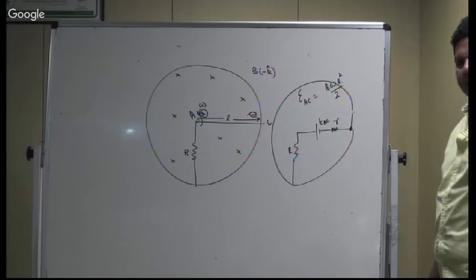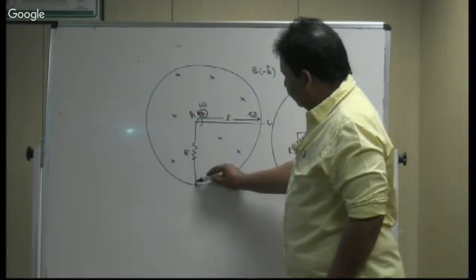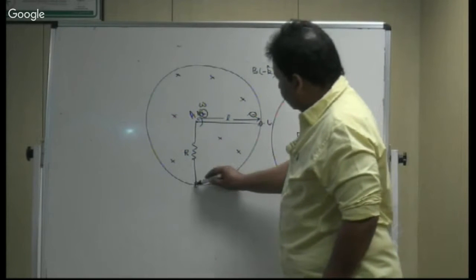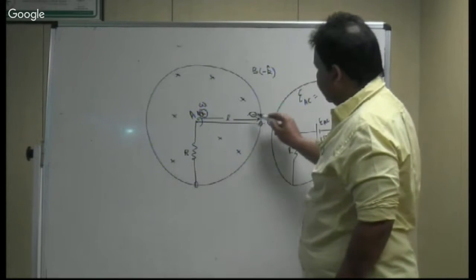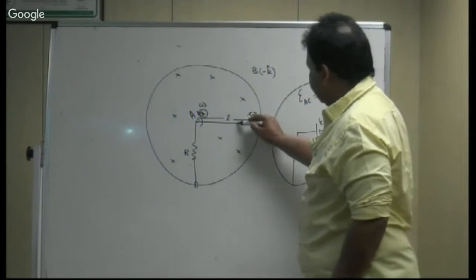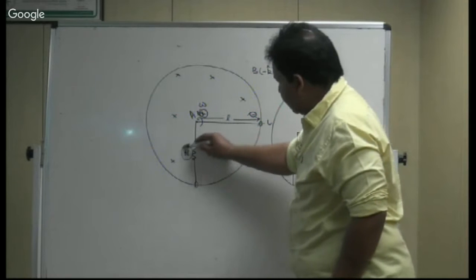This does not have any resistance. This does not have any resistance. Therefore, these 2 points are at the same potential. Same situation is with this. So this is the EMF. Internal resistance small r. External resistance capital R.